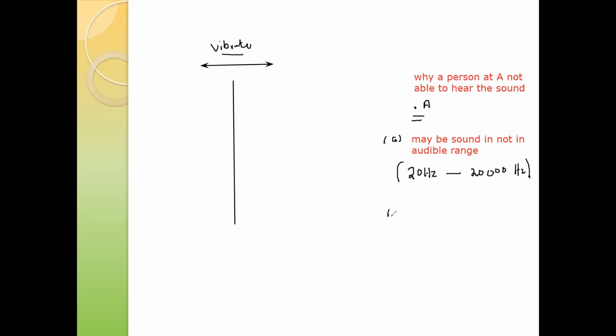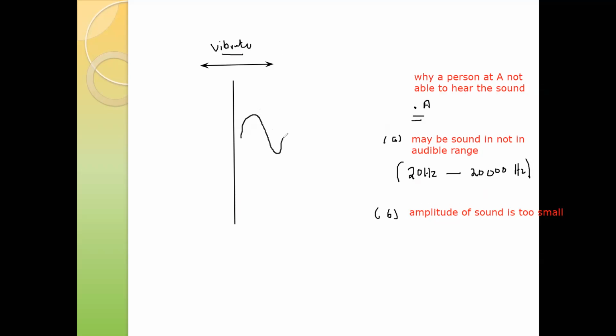The second reason is that the amplitude of the sound is too low. If the amplitude of the sound is too small, that might be a reason that we are not able to hear. For example, what is the amplitude? When the sound travels from one place to another, I'm representing sound waves in terms of a transverse wave to explain the idea of amplitude.